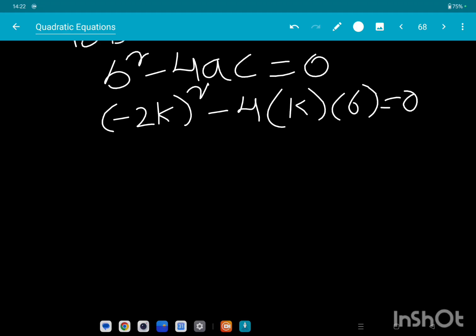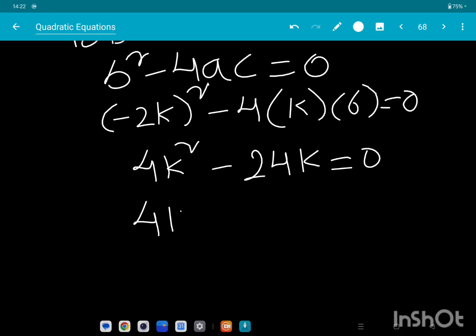Now if I solve this, minus into minus plus, 2 twos are 4k square minus 6 fours are 24k is equals to 0. Now if I take 4k as common, then what will I get? 4k as common, then k minus 6 is equals to 0, right?